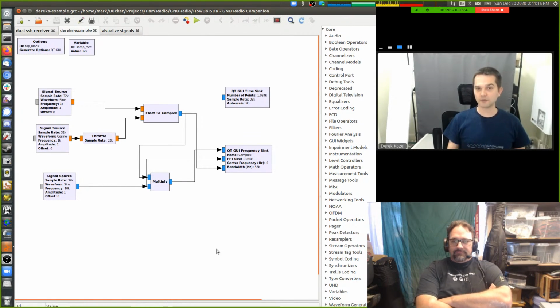And the rate at which the phase is changing gives you your frequency. So if you're adding 90 degrees every sample, then you have a frequency component that is your sample rate divided by 4. It'll rotate all the way around one cycle in 4 samples. Does that make sense?